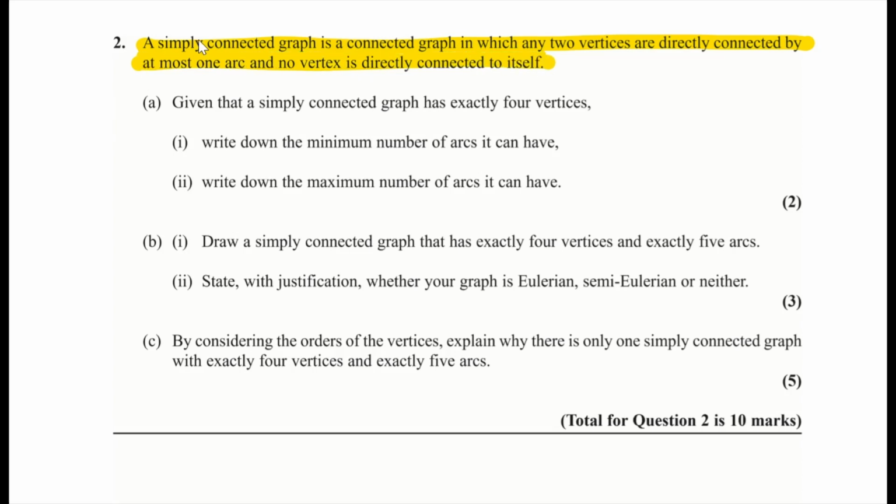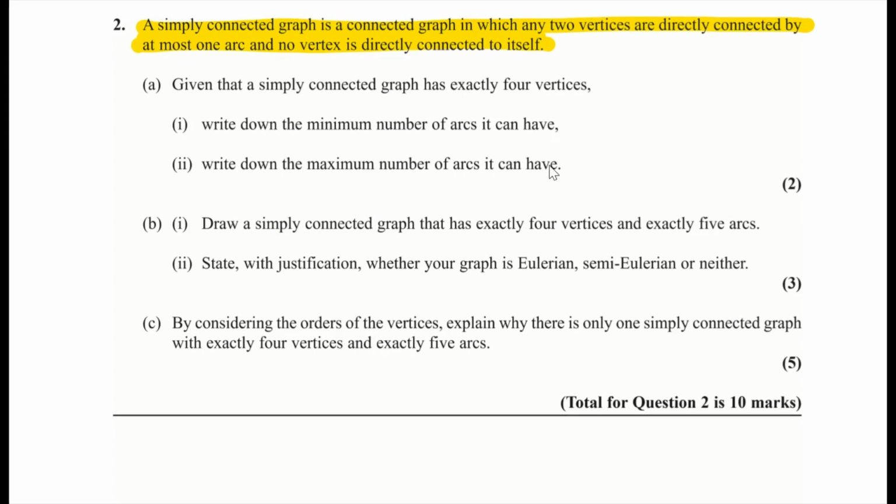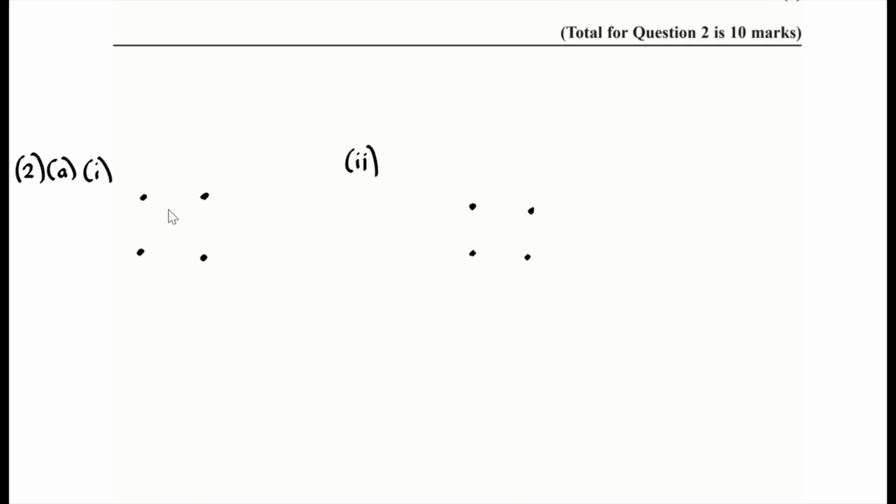Okay? Now, for part A, given that a simply connected graph has exactly 4 vertices, we have to write down the minimum and maximum number of arcs it can have. So I've got this quick diagram.